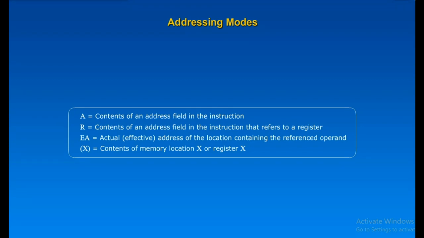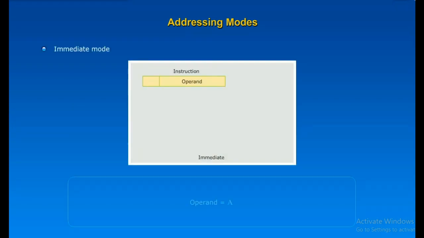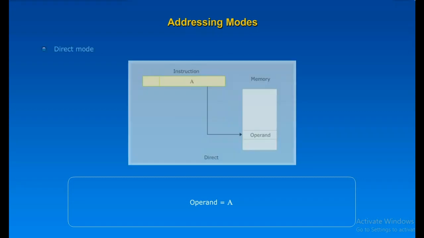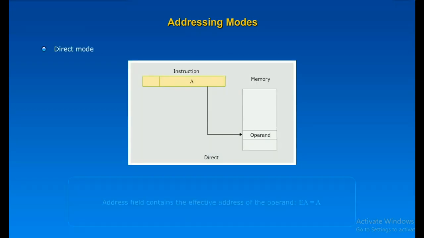The simplest form of addressing is immediate addressing, in which the operand value is present in the instruction, that is, operand is equal to A. Another simple form of addressing is direct addressing, in which the address field contains the effective address of the operand.